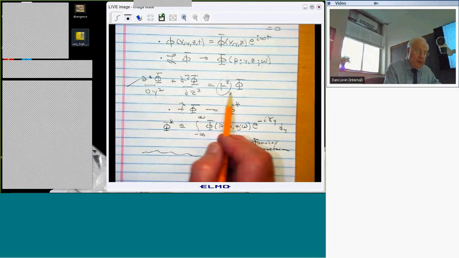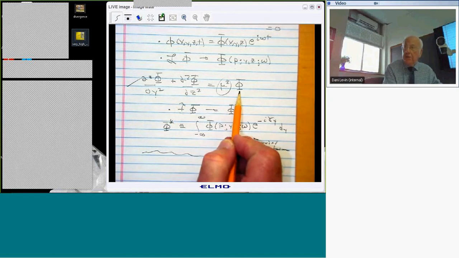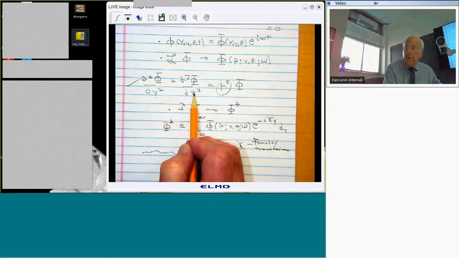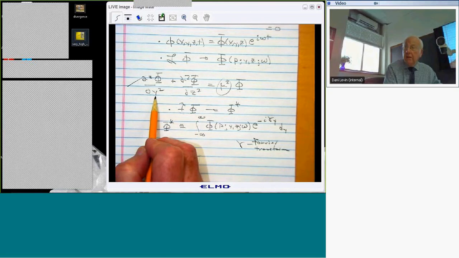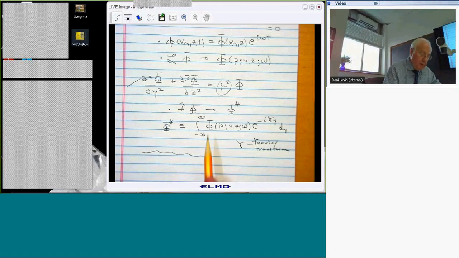If I take the Fourier transform of this with respect to y, it's just the second derivative of the Fourier transform with respect to y with respect to z. But here, I want to replace the Fourier transform of the second derivative with respect to y in terms of the Fourier transform itself. And so I have to do the following.